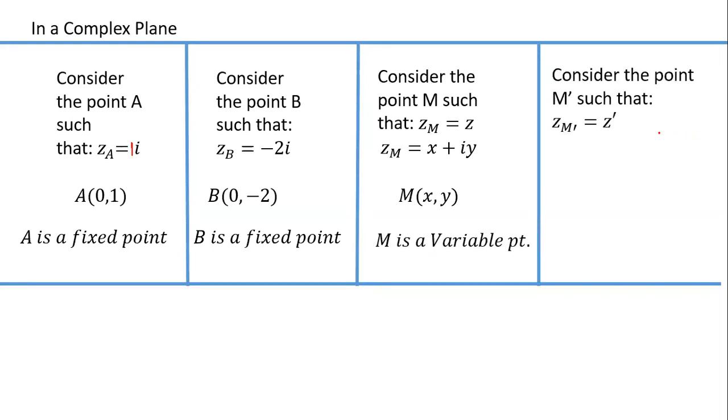We also have point M prime with affix z prime, which we can write in algebraic form, and in image form as real part followed by imaginary part. The coordinates are unknown, so we can say that M prime is a variable point.